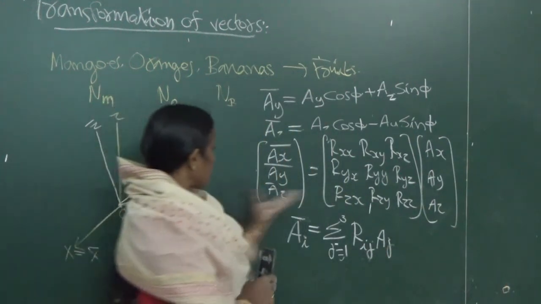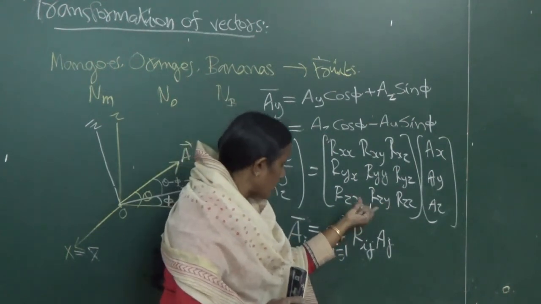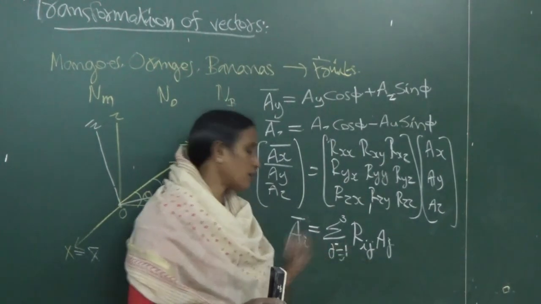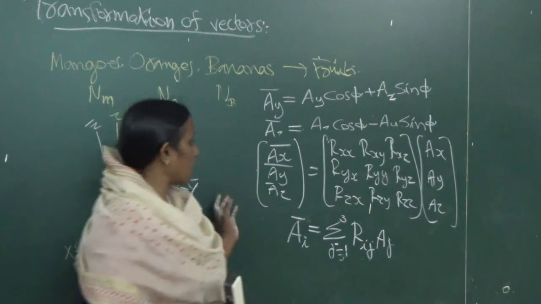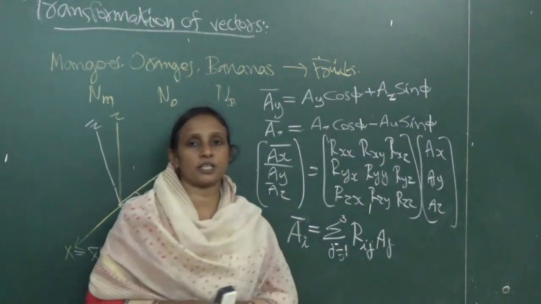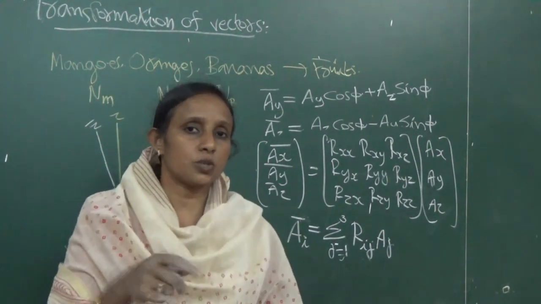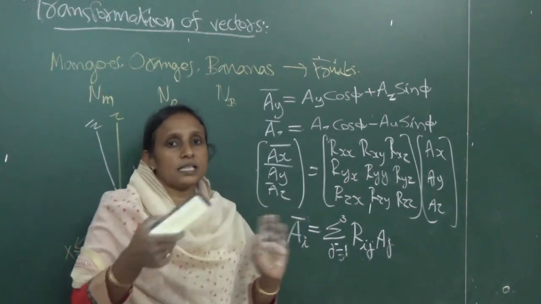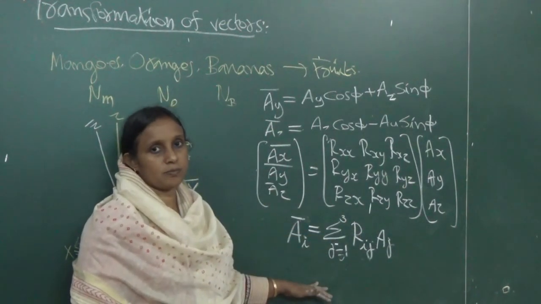Right? This is the general transformation rule. Here, a vector is called a tensor of rank 1. A vector transforms like this. This is the property of a vector. Vectors have magnitude and direction, and along with it they obey the transformation rule. If the coordinate frame changes, the vector obeys the transformation rule like this.